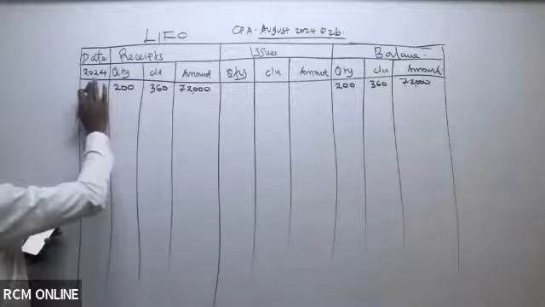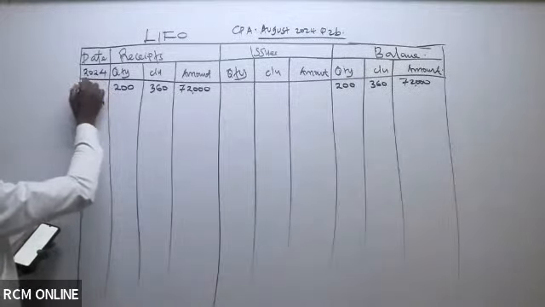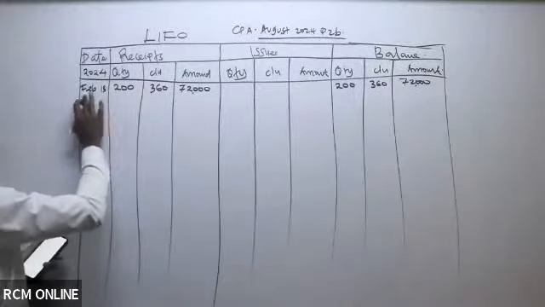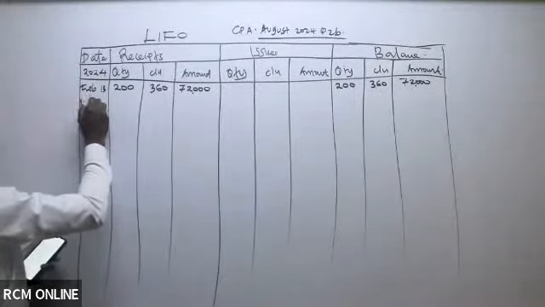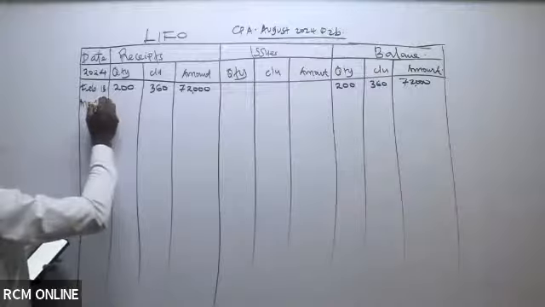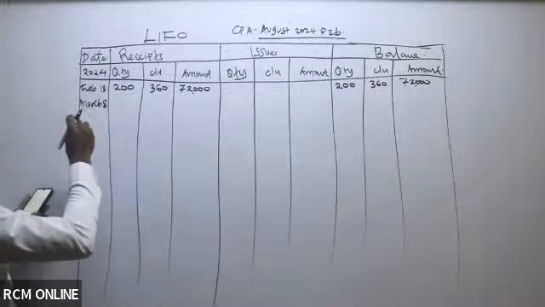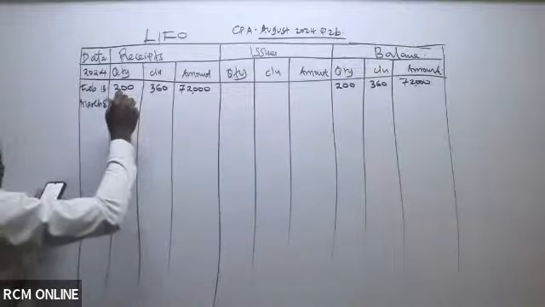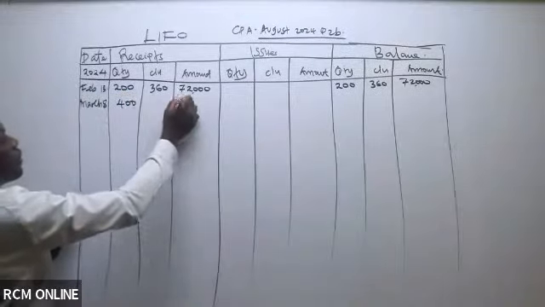Oh, you can start with the month, then date. There's no problem. Feb 13. March 8. So they also purchased some goods, 400, whose value is 152,000.